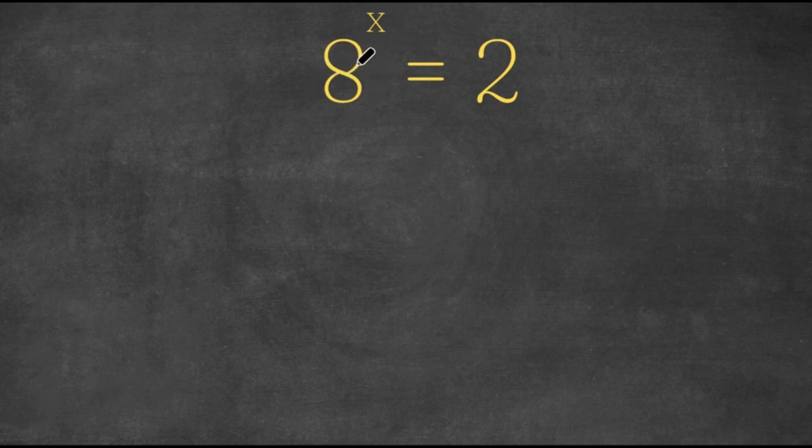So whenever we're solving problems such as this one, we always want to make the bases the same so then we could set the exponents equal to each other and solve. So right here, 8 and 2, we want to convert one of these two bases to make them equal to the other one.